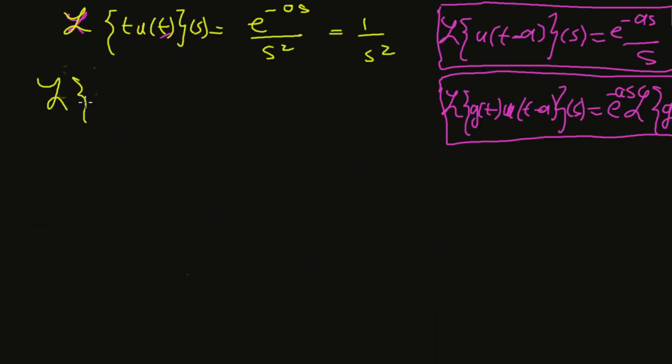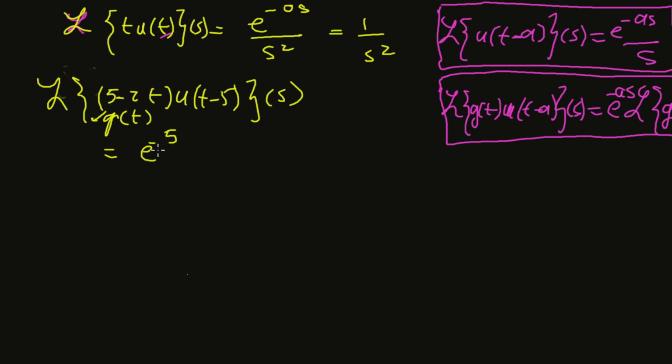So the Laplace transform of 5 minus 2t times u of t minus 5, you see, so this is g of t here, on s equals the exponential of negative 5s times the Laplace transform of this 5 minus 2t, where I'm going to put in t plus a, which is t plus 5, on s, right?